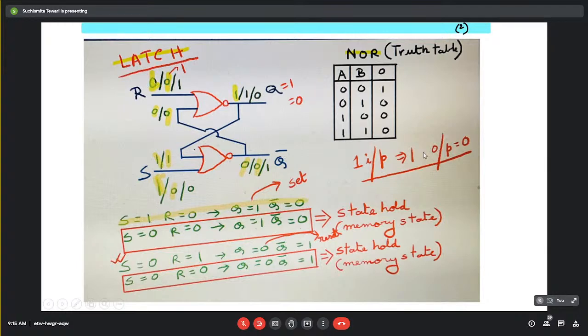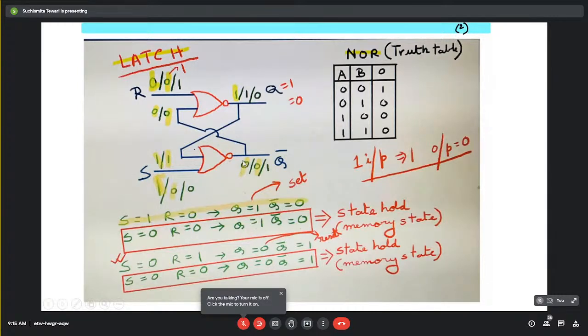So what is happening? Since this is a NOR gate and we have already established that if one of the inputs is 1, the output will inevitably be 0. So here it is 1, here it is 0. For this NOR gate, one of the inputs is 1, so the output will be 0 here.